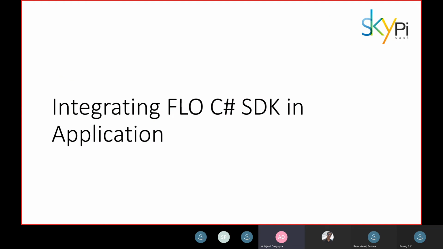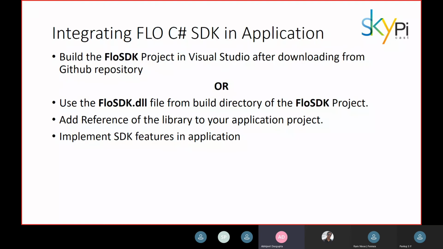To integrate the FLO C SDK library in your application, you need to build the FLO SDK project in Visual Studio after you have downloaded it from the GitHub repository that we mentioned in our previous session. Once you build the FLO SDK project, what you will have in the build directory is a FLO SDK.dll file, which is the library file required to be integrated in any application that needs to use the FLO blockchain.